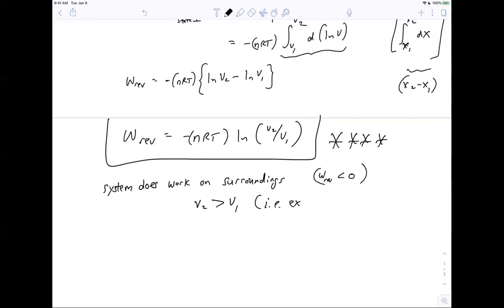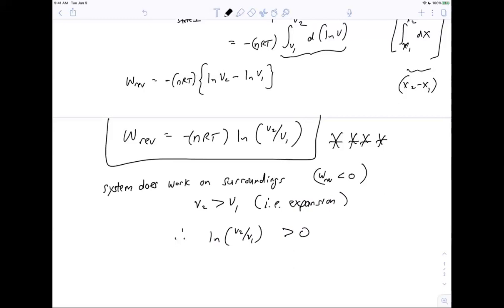I.e. means, for example, we have an expansion of our ideal gas, if V2 is greater than V1. In that case, natural log of V2 over V1 will be greater than 0, because natural log of something that's greater than 1 is going to be greater than 0.